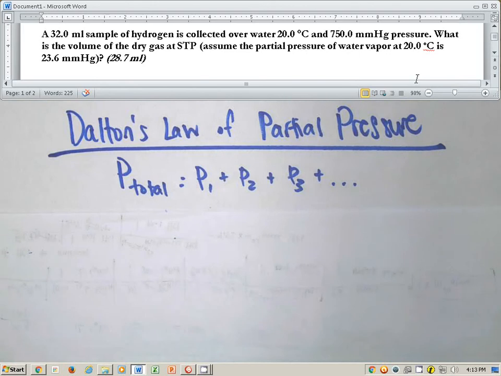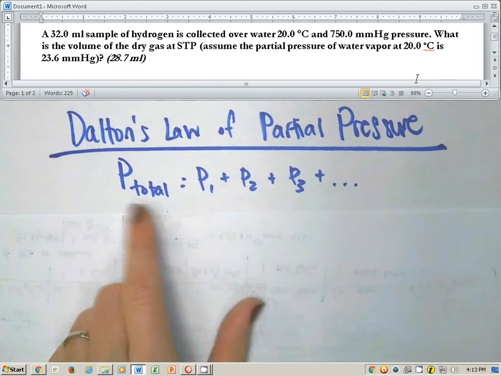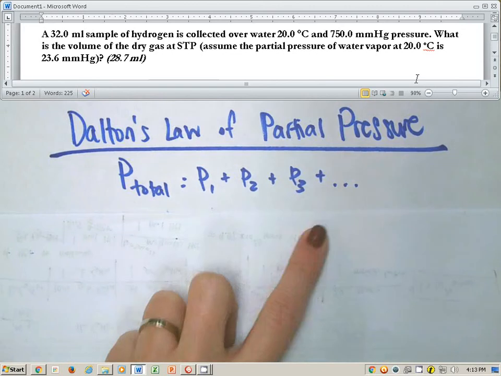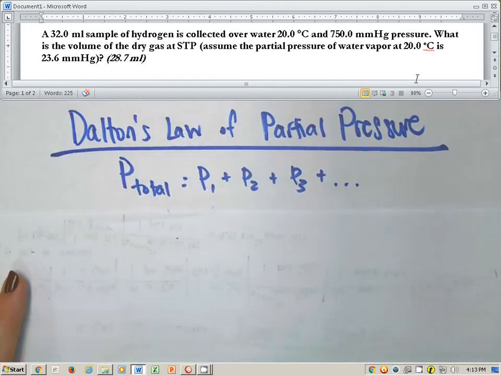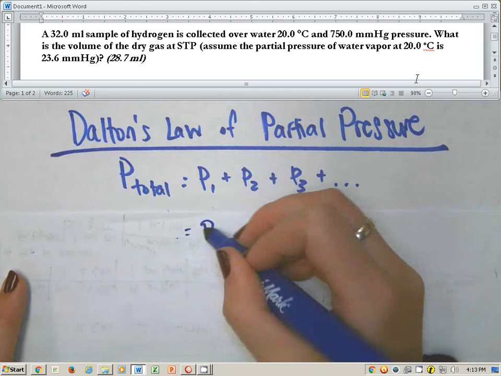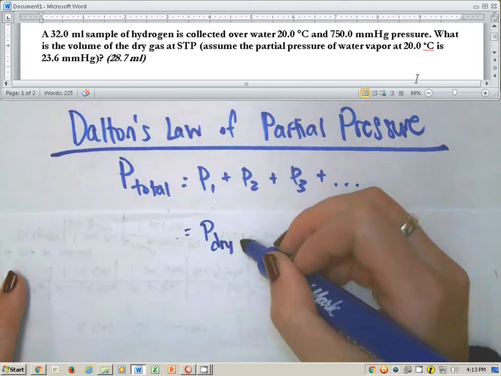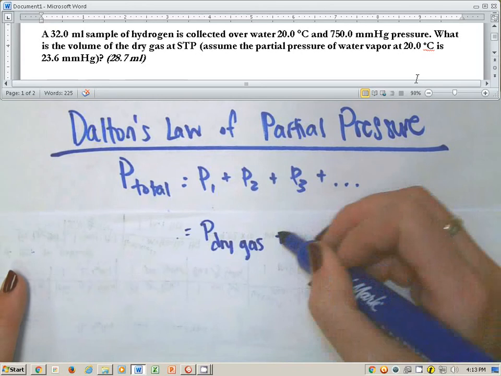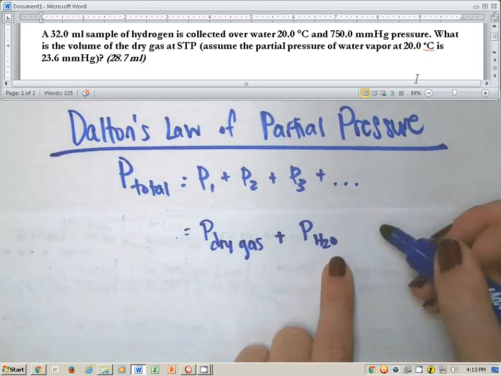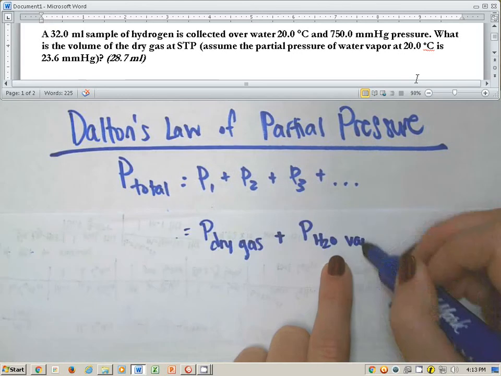And Dalton's law of partial pressure says that the total pressure of any gas has to equal up to the pressures of all of the individual pieces that go into it. So, for example, if I have a dry gas, the pressure of the dry gas added to the pressure of the water vapor that makes it wet has to equal a total pressure.